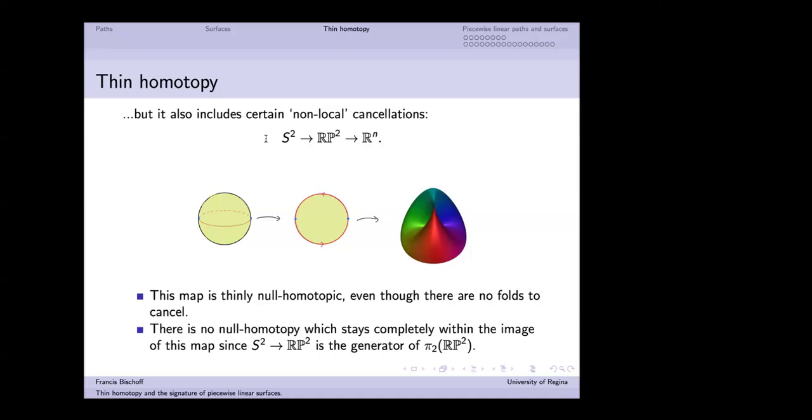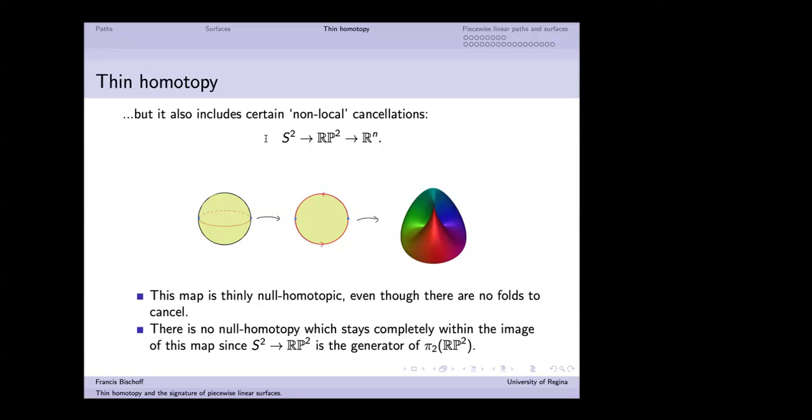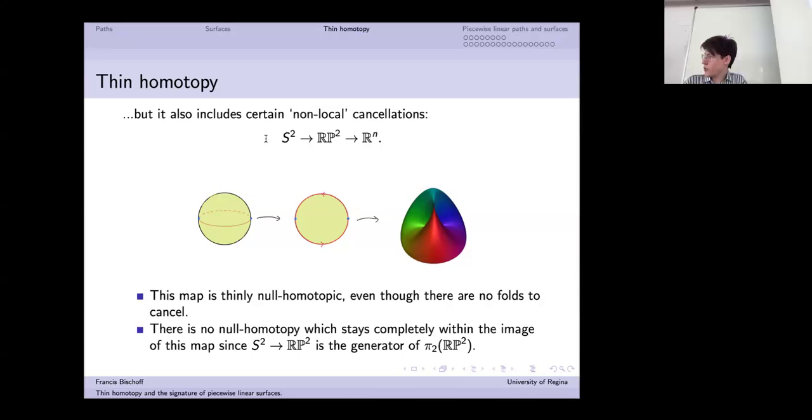Sure. I guess, but what if I have something that can't just be realized as a quotient of the unit square in R2? How should I think about thin homotopy for a genus 20 Riemann surface? Well, you could either try to realize it as made up of maps out of squares that you sort of combine together.